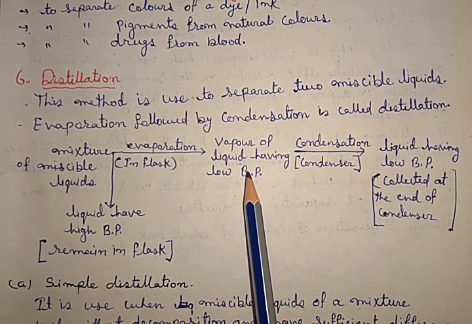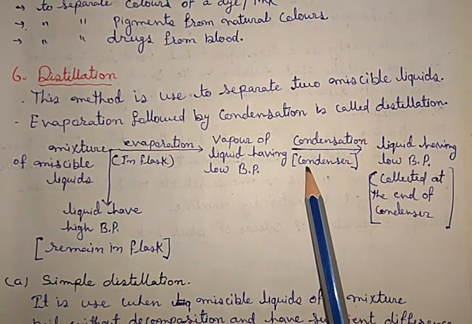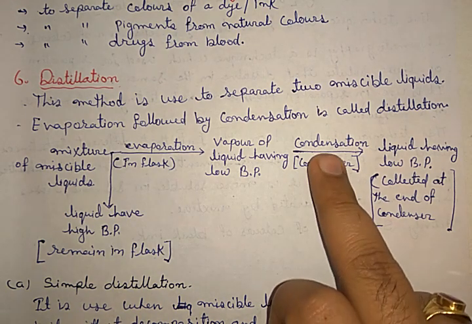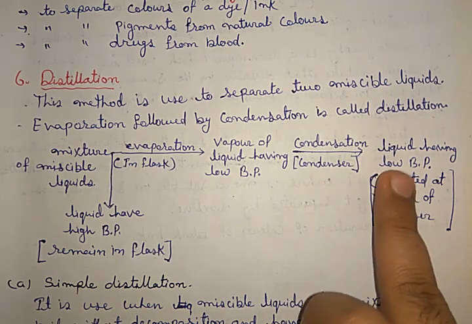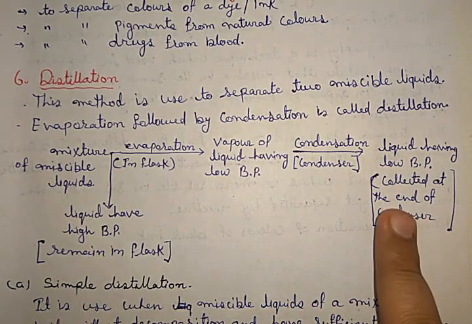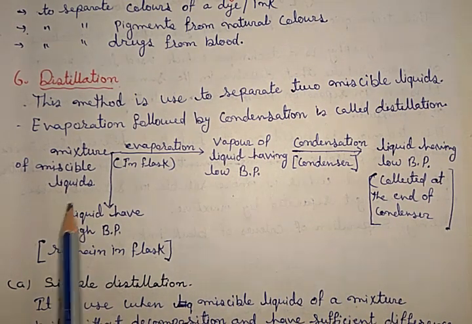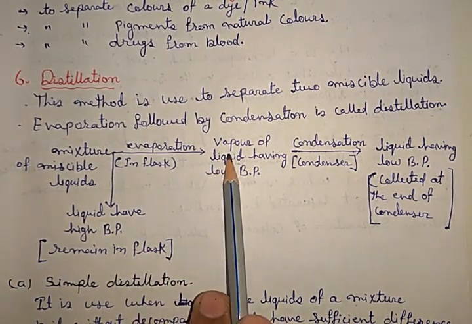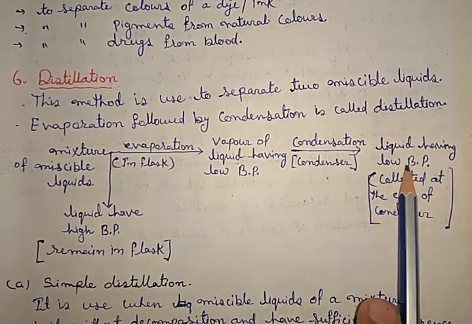Now this vapor is condensed by the condenser assembly, a device we will discuss in a few minutes. Due to condensation in the condenser, the liquid which has the lower boiling point converts into liquid again, but it is collected at the other end of the condenser. So one liquid with the high boiling point remains in the flask, while the other liquid with the lower boiling point gets separated.